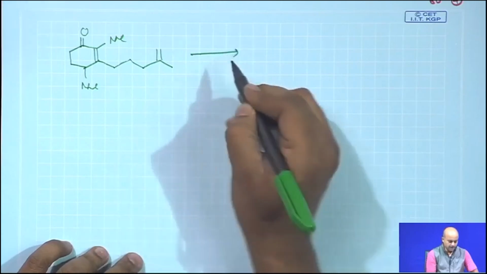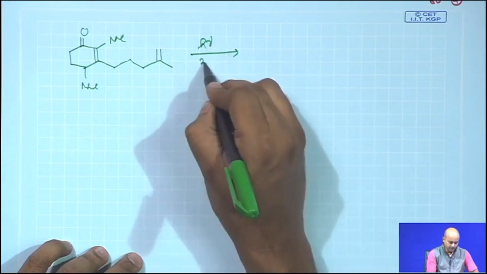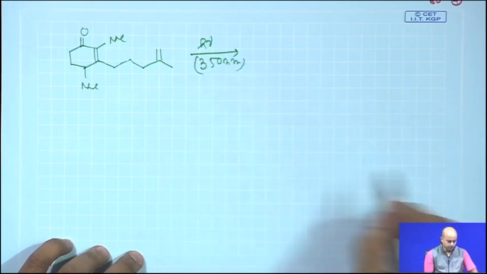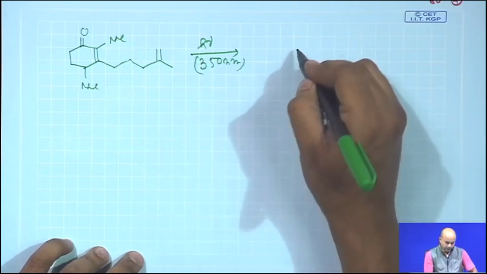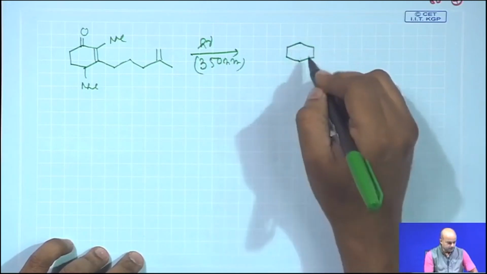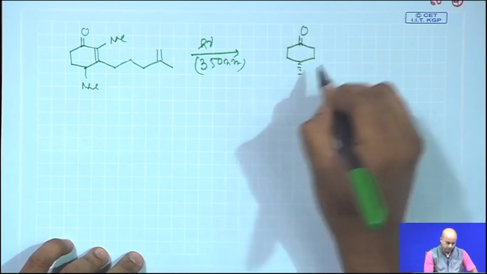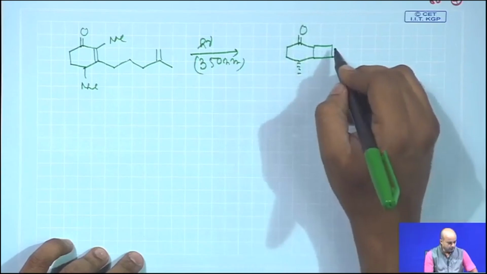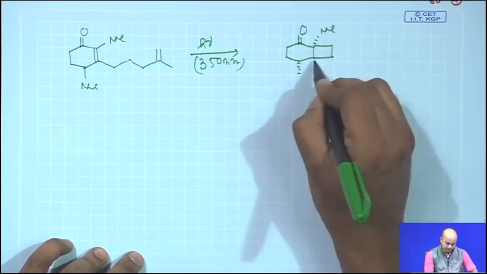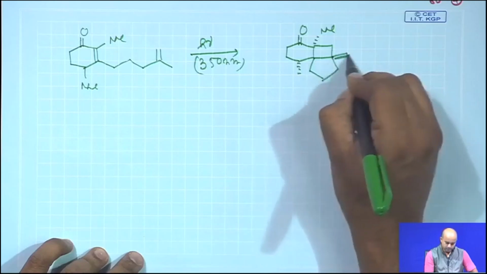Now, this cycloaddition reaction was done with hν, a 350 nanometer light source was used. It is found that the cyclohexanone, the relative stereochemistry of this particular product which you obtained after the cycloaddition, is basically this one.